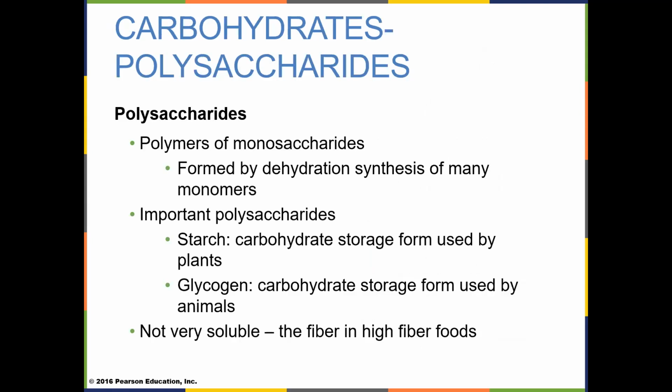Now the third category. We've got monosaccharides: glucose, fructose, and galactose. We've got the disaccharides: sucrose, maltose, and lactose. Now we have the polysaccharides, which are long chains of glucose. Starch is a polysaccharide.